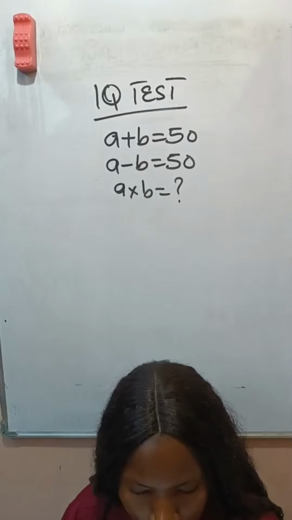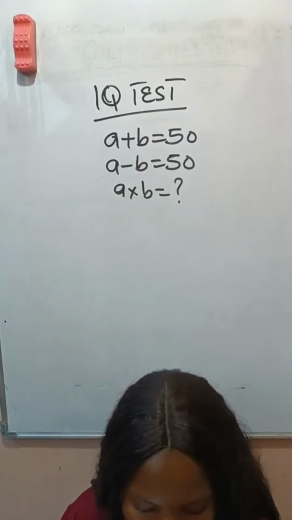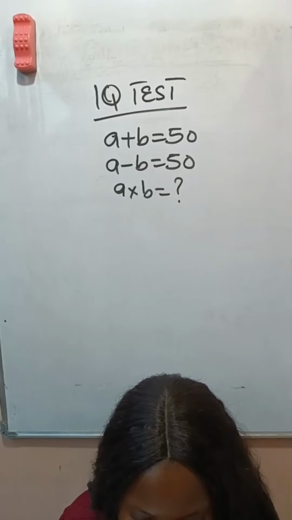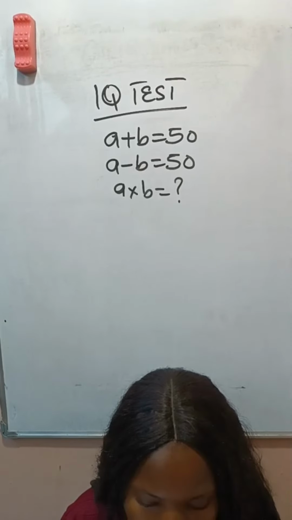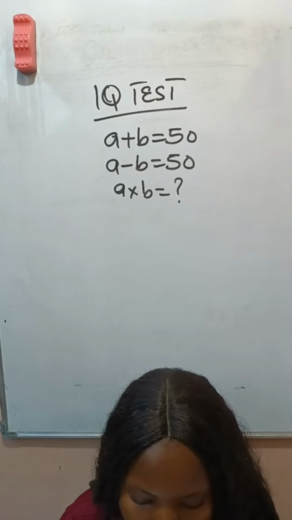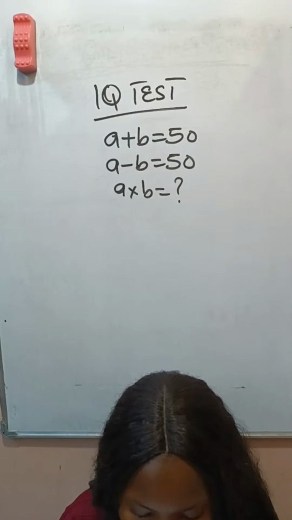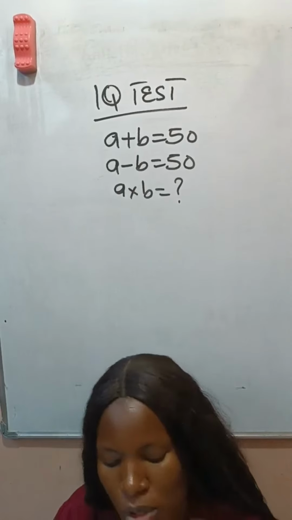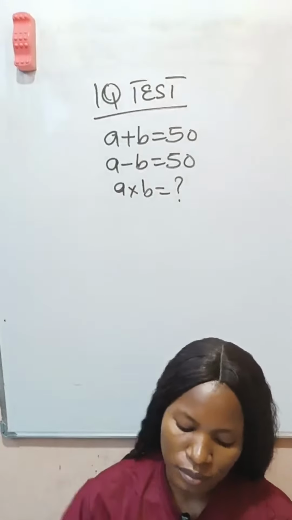Okay. If A plus B is 50, A minus B is 50 as well. What is A multiplied by B?